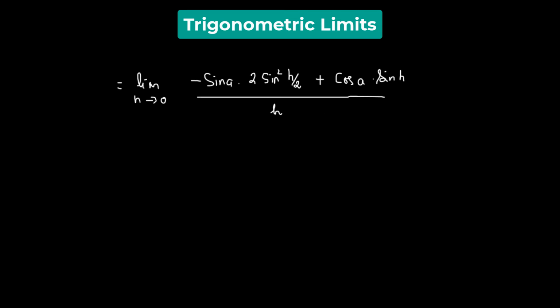Now we separate the two terms, so we have negative sine a as a constant. So we have negative sine a times limit h tending to 0. We can also take out 2.